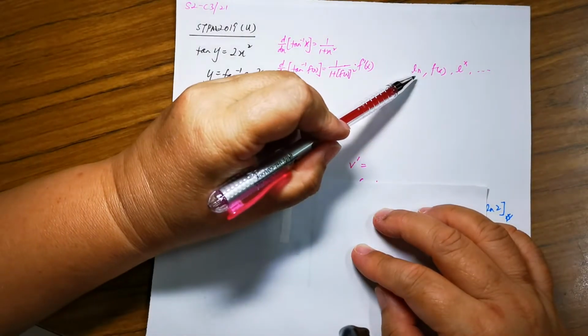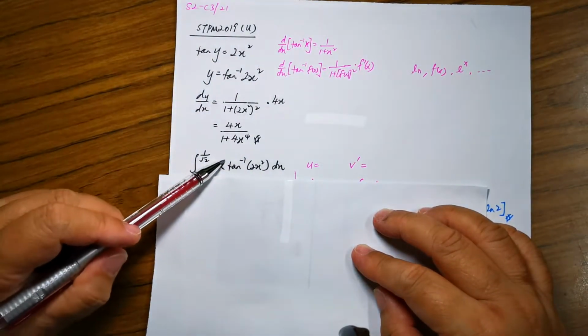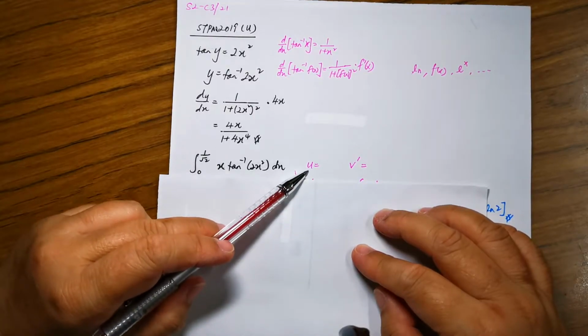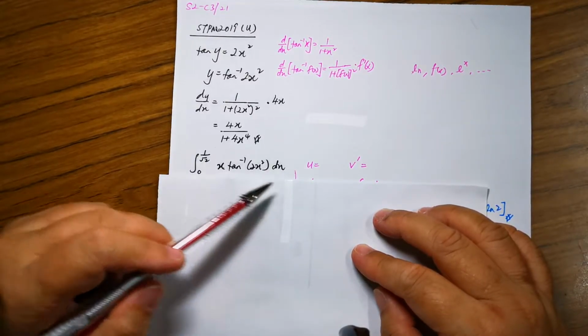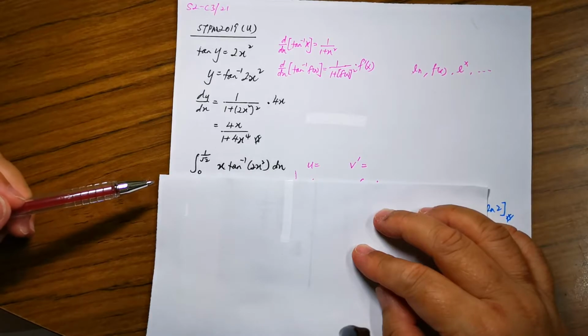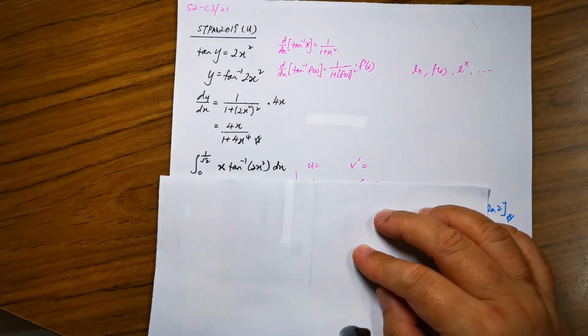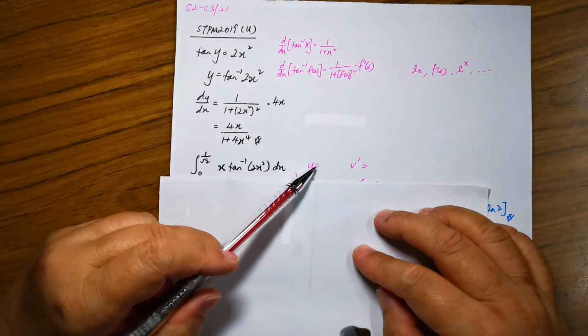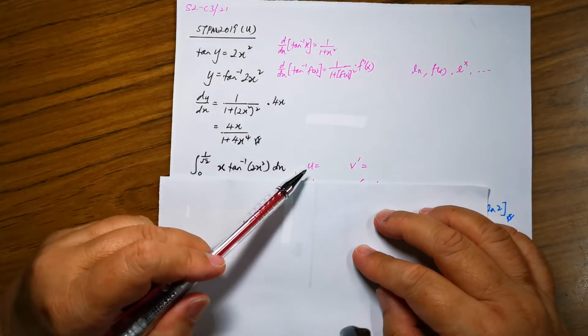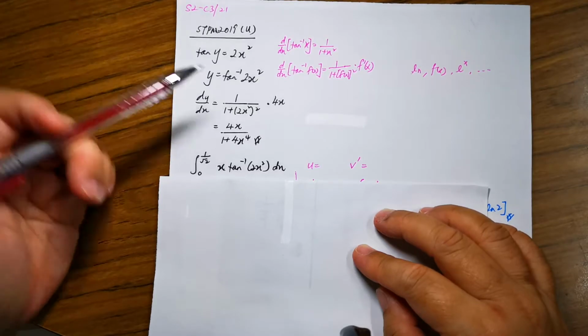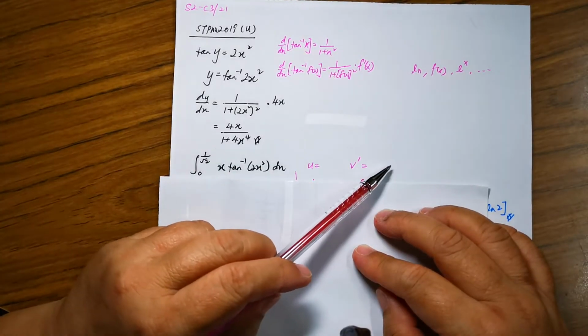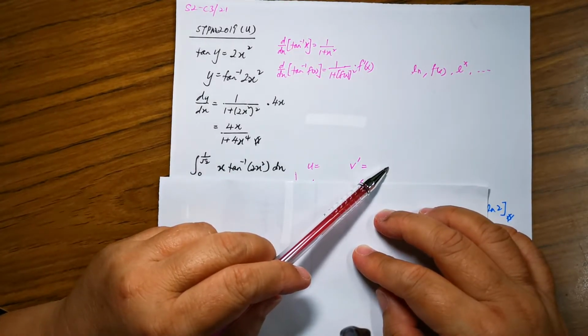If we follow these rules, you will choose x as your u. Definitely you will say, oh, then I choose x as our u. Then v prime is arctangent. If you choose x as your u, then u prime is 1, simpler. But if v prime is arctangent, can you integrate arctangent?